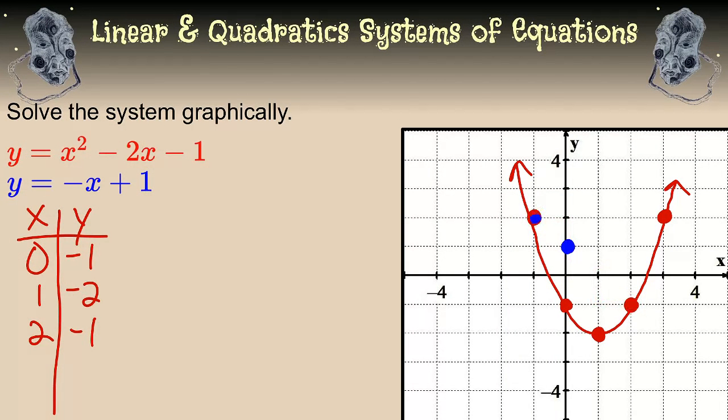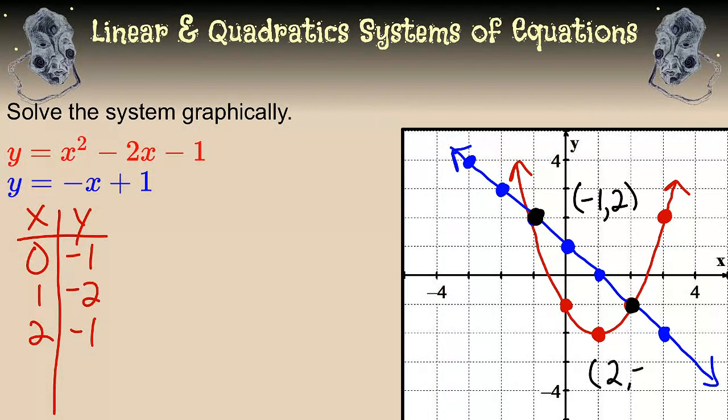So I'll put those points in. Now I can connect those points. And I can see that my solutions to the system are the points negative 1, 2, and 2, negative 1.